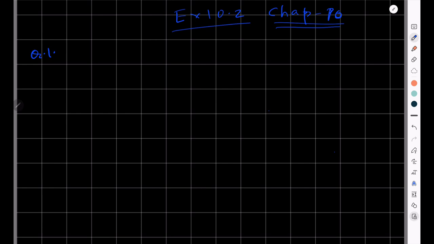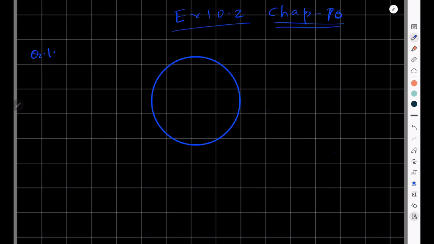Here is the first question, I will just read it out. From a point Q, the length of the tangent to the circle is 24. Whenever you come across any such question, always try to make a diagram.